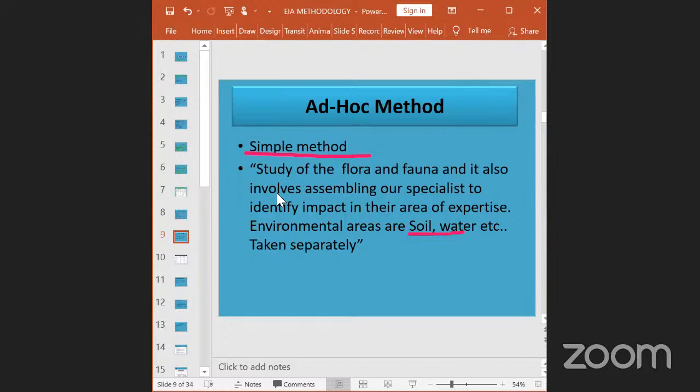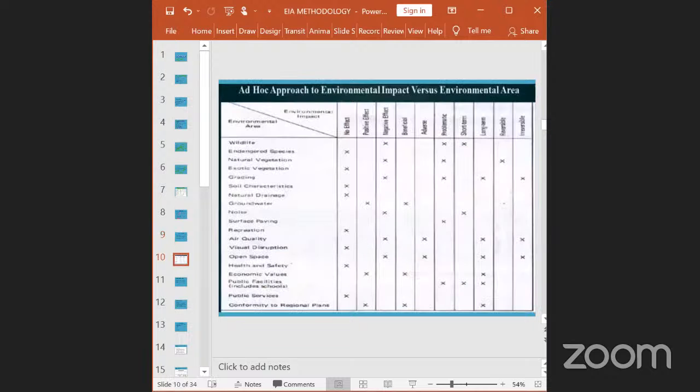These statements are qualitative and could be based on subjective assessment, or a qualitative interpretation of quantitative results. You see this table representing the illustrative Adhoc approach to environmental impact versus environmental area.